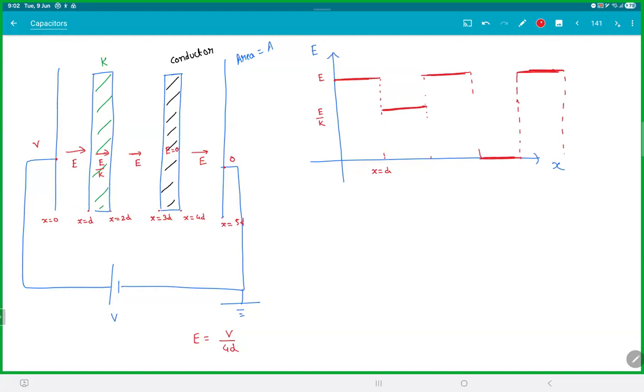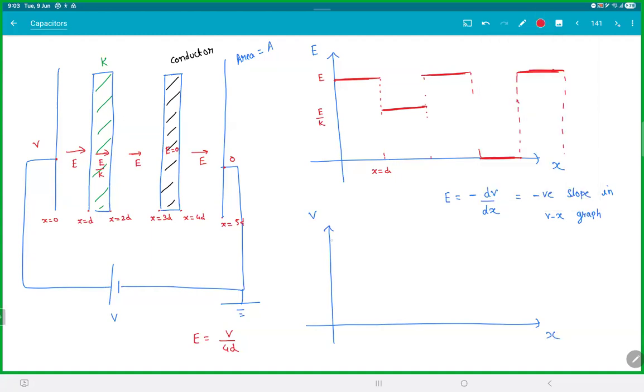How will the potential graph look? If you remember, field is nothing but minus dV by dx. That means the electric field is the negative slope in a V-x graph. So when you're plotting a V-x graph, the slope must be the electric field.